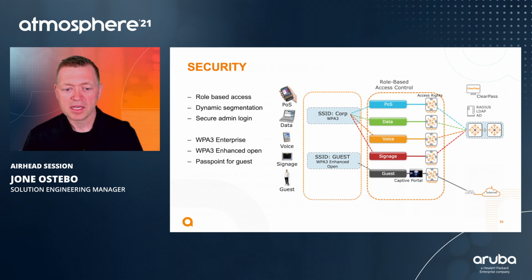WPA3 Enterprise is backward compatible with most WPA2 clients. And for guest network, I totally recommend using WPA3 Enhanced Open. WPA3 Enhanced Open will make sure that your guest network is encrypted per individual device, and make sure that two different clients on a guest network cannot look at each other's personal traffic.